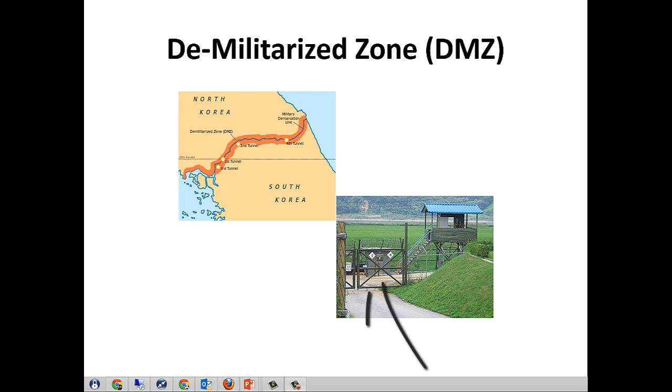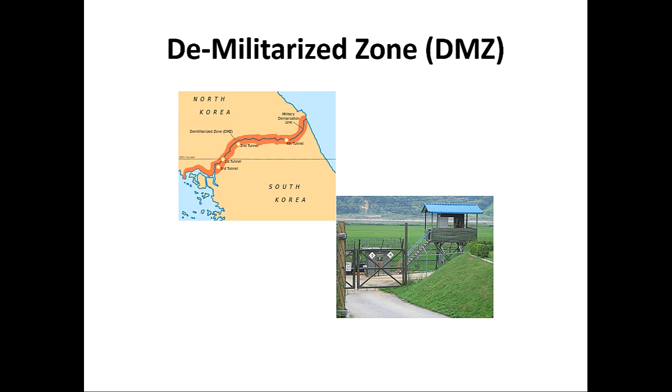The physical DMZ between North Korea and South Korea, the main purpose of it is to provide some sort of a buffer zone between the two confronting parties, in this case North Korea and South Korea, to avoid any potential conflicts.